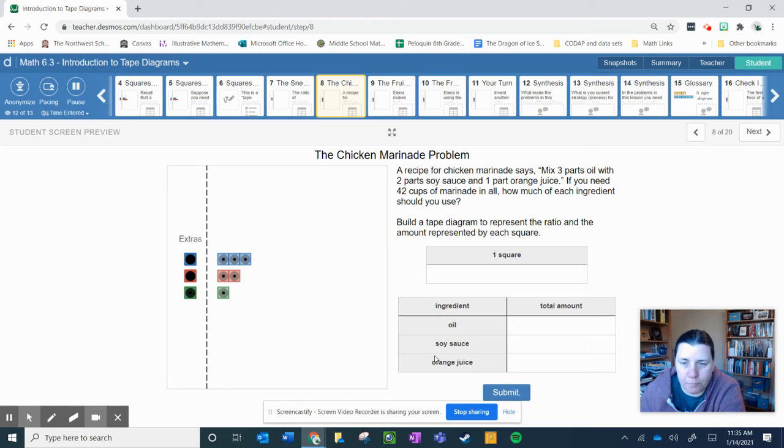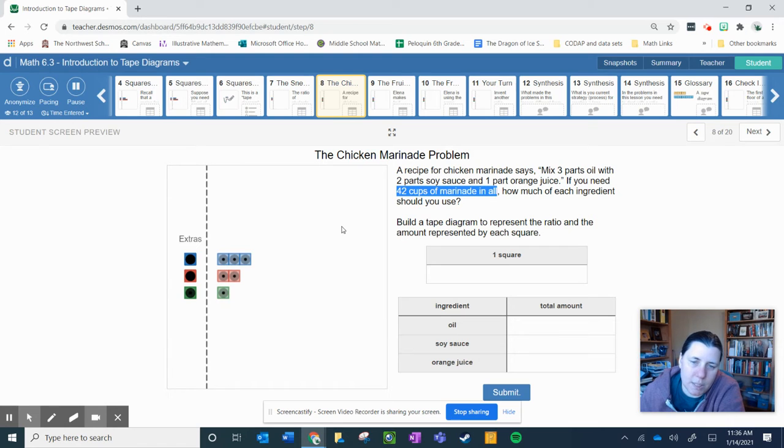I'm going to focus. Okay, so build a tape diagram to represent the ratio. So I have the ratio 3 parts oil, 2 parts soy sauce, 1 part orange juice. And then I need 42 cups of marinade in all. And I have 6 squares.